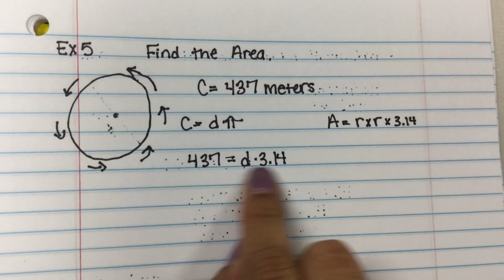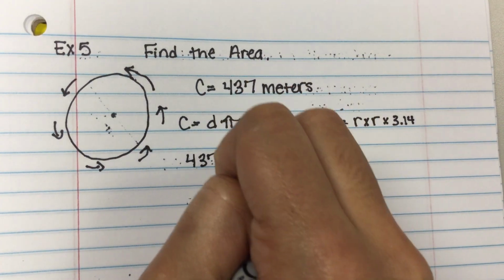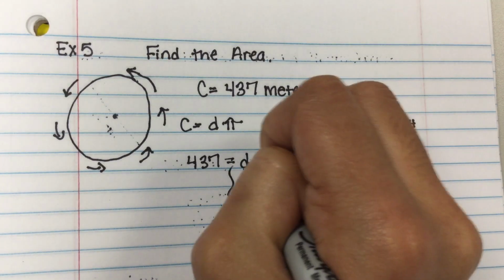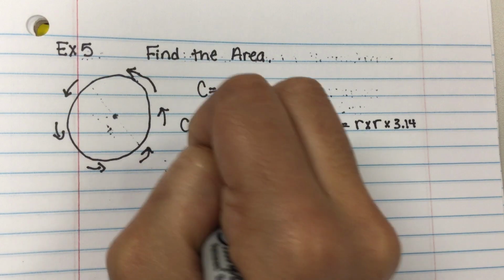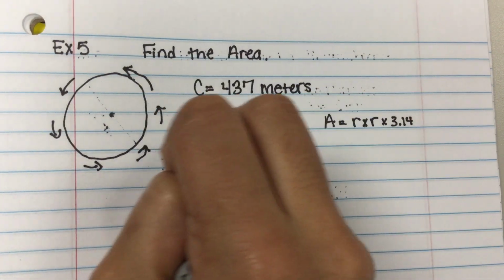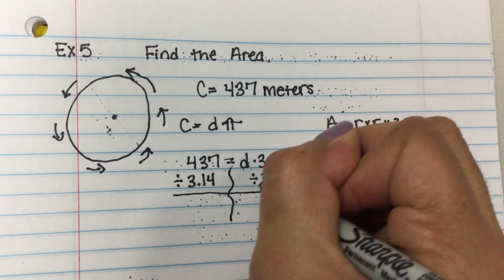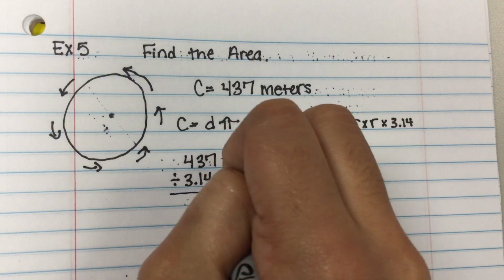So diameter times 3.14. Since we're multiplying by 3.14, we can do the opposite to solve for d. So let's divide instead of multiply by 3.14. We're going to divide this side by 3.14. And so those are opposites, so they cancel, and we're left with d over here.